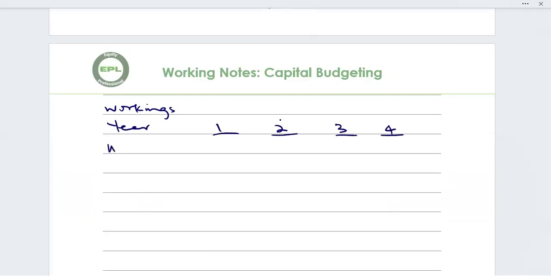Then I will need to indicate the number of units. According to the question, first year unit is 60,000. Here is 60,000, 85,000, 85,000. Then the final year is 80,000.